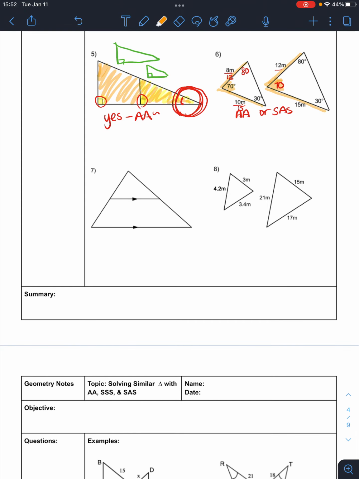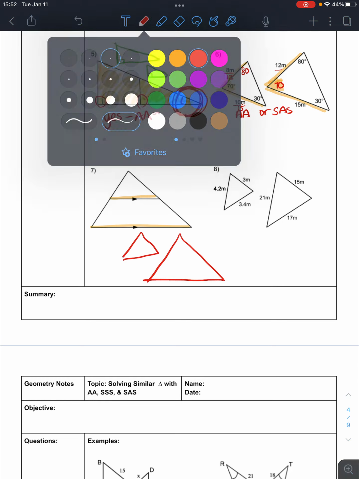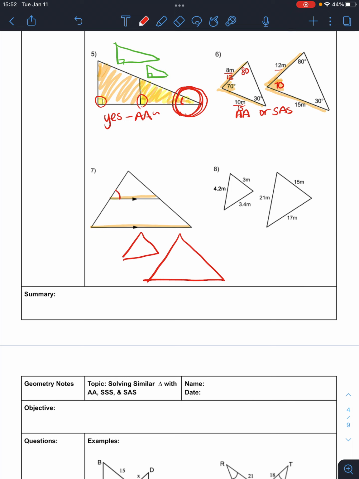Now in 7, notice that you have parallel lines. So I've got these parallel lines, and so those come in handy. Again, you might need to split this into 2 separate triangles, your little one and your big one that gets overlapped. Well, what I know is that if lines are parallel, corresponding angles are congruent. And so I have both of those situations on that side, where this angle is congruent to that one.